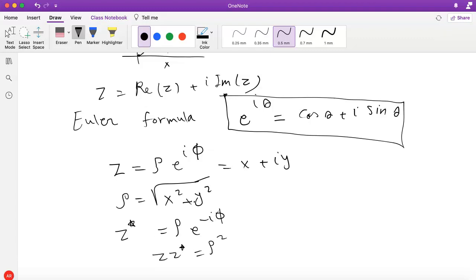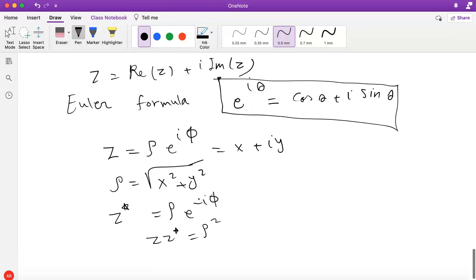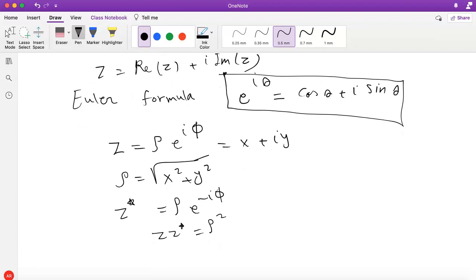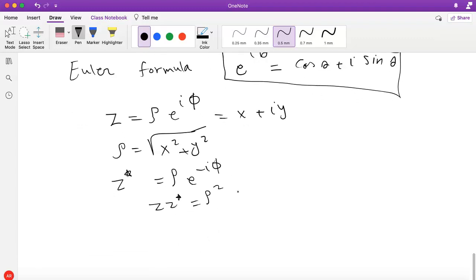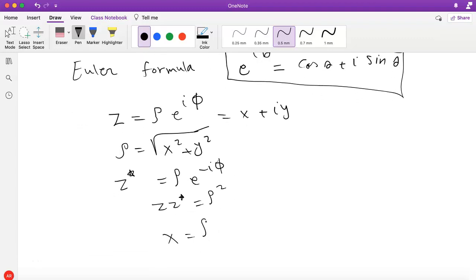And rho squared is, of course, x squared plus y squared. And there are some trig identities. So for example, x is going to be rho cosine phi, and y is going to be rho sine phi.